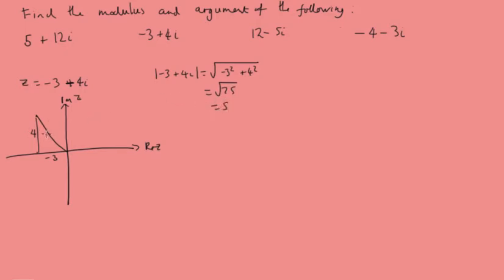So this is 5. Now, when we find theta this time, we're going to get this angle here, which we'll call alpha. So the tan of alpha is going to be 4 over minus 3.